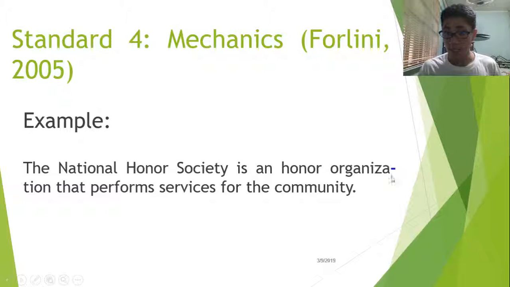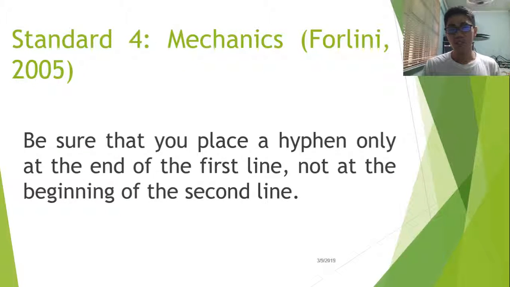So when it's syllabicated, -zation is separate from organi-. That's why we mark the break here. Hyphen and then proceed to the next line, write -zation. Now be sure that you place a hyphen only at the end of the first line, not in the second.